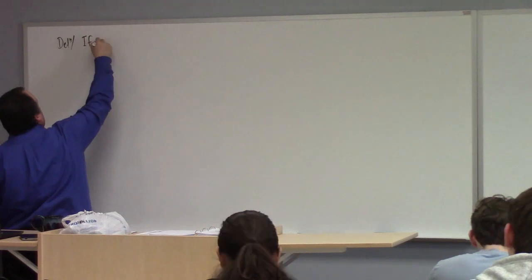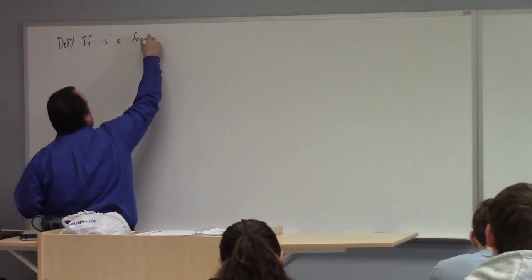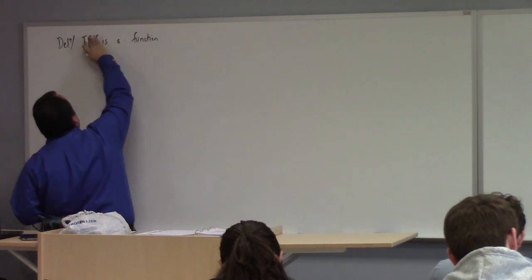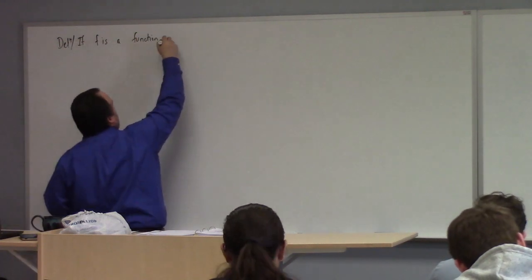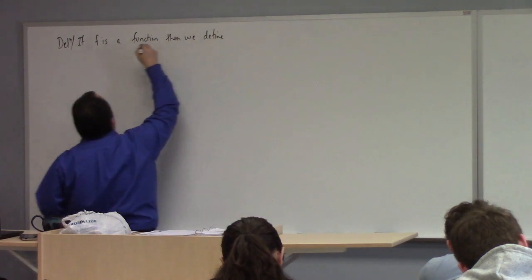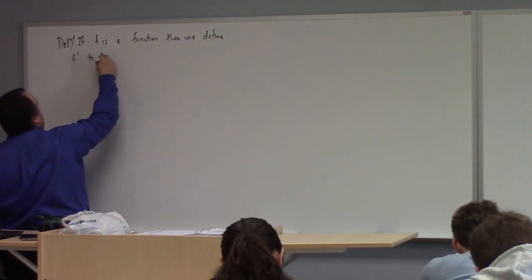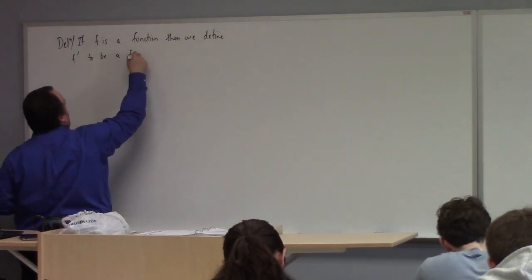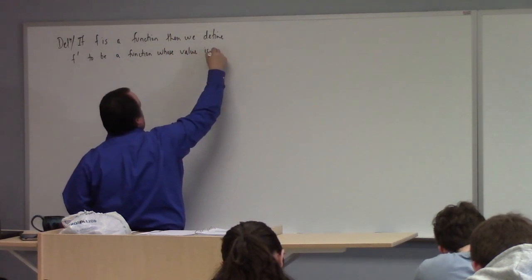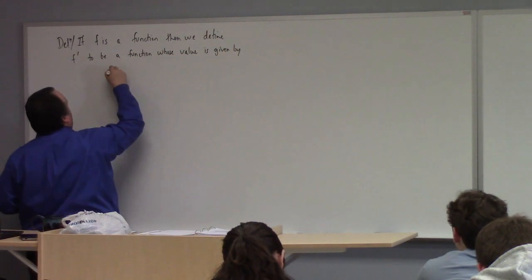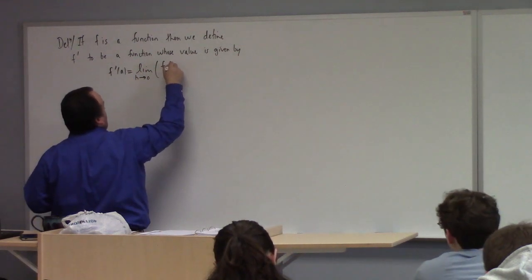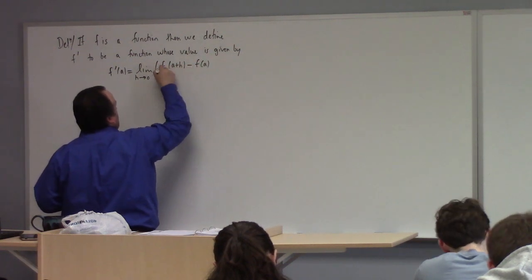If f is a function, then we define f prime to be a function whose value is given by f prime of a is equal to the limit as h goes to 0 of f of a plus h minus f of a over h.